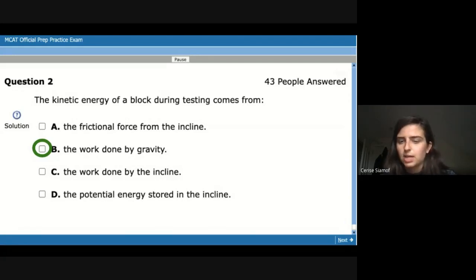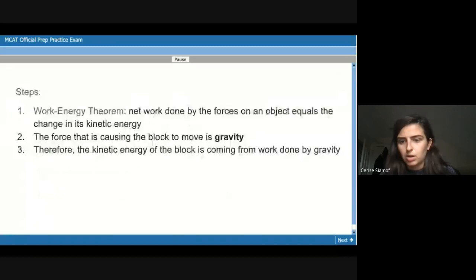When you ask if that is a definition you have to memorize, what definition are you referring to? You should know the work energy theorem. Potential energy can equal kinetic energy, based off of the law of conservation of energy.